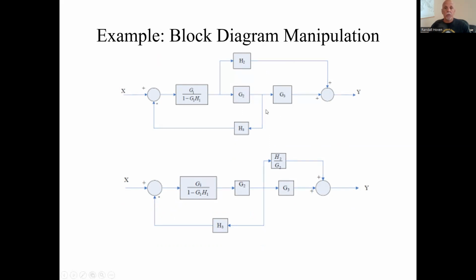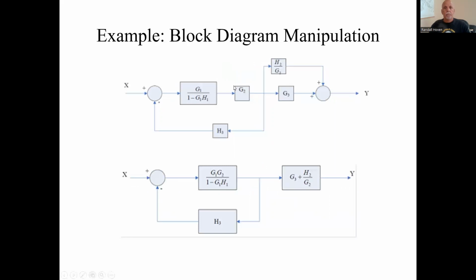The next thing we'll do is move this pickoff from in front of G2 to after G2. To do that, we need to divide this H2 by G2. That's all we did there. So we moved this from left of G2 to the right of G2 by dividing by G2.